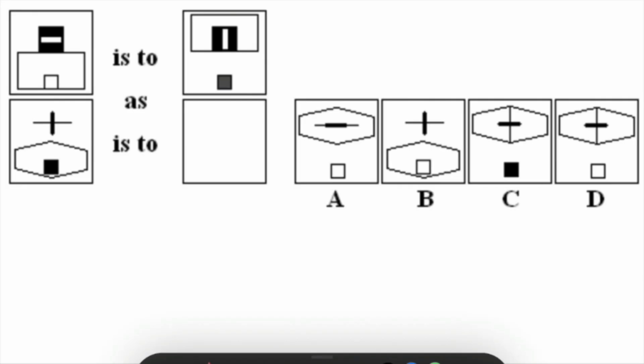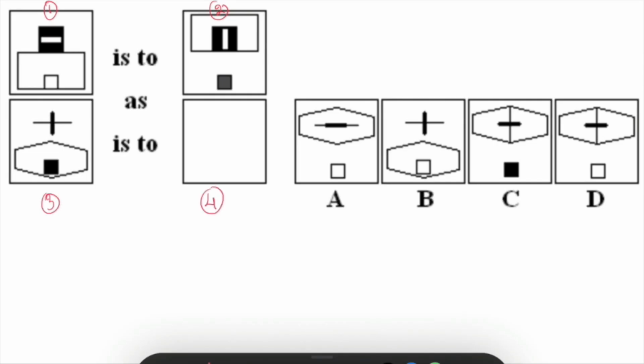Here is another question of the same type. Complete the statement using the relation between pattern 1 and 2, because this relation will be the same between pattern 3 and 4.